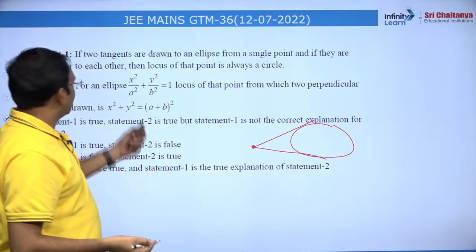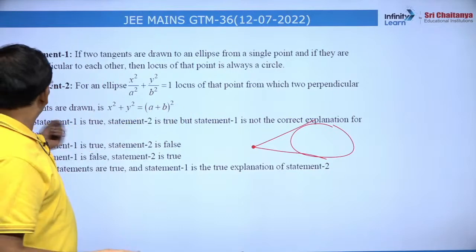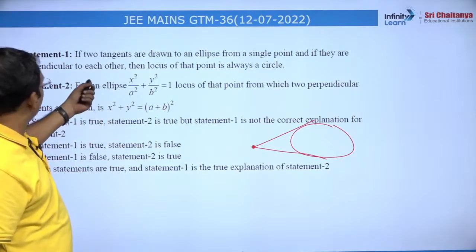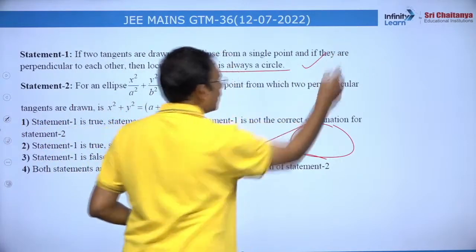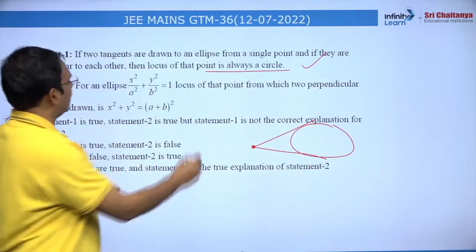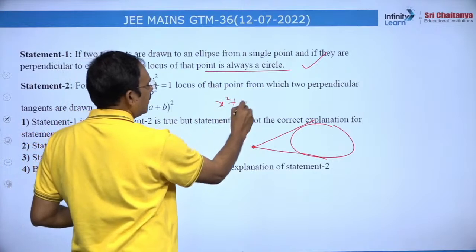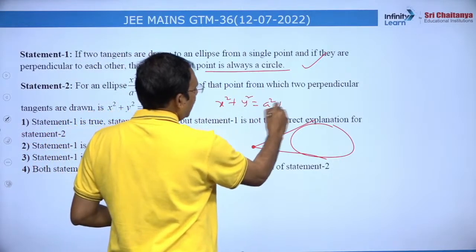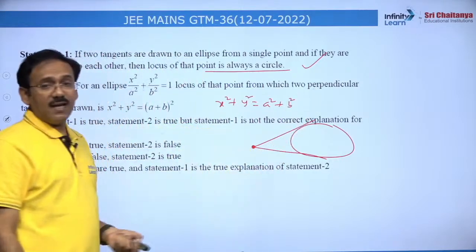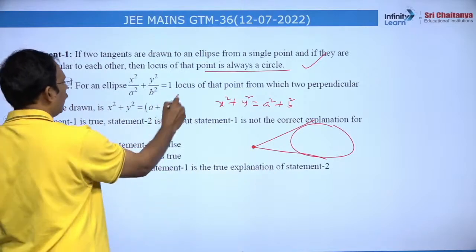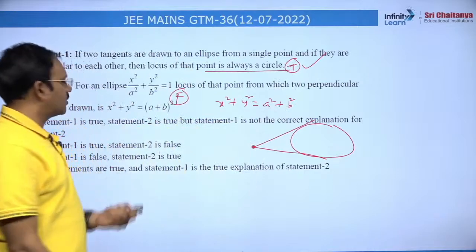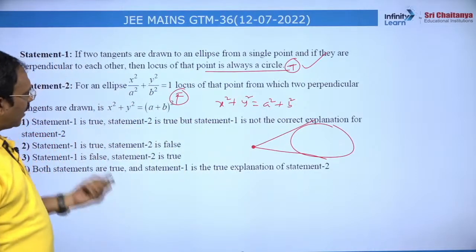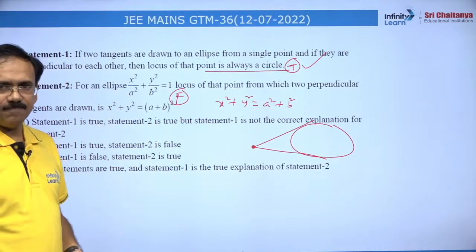He is saying the locus of the point is always a circle, which is perfectly correct, and that circle is nothing but the director circle of an ellipse, x square plus y square is equal to a square plus b square. But he said a plus b whole square, this is going to be false, the first is going to be true. So accordingly you can choose the option my dear friends, statement 1 is correct, statement 2 is false.